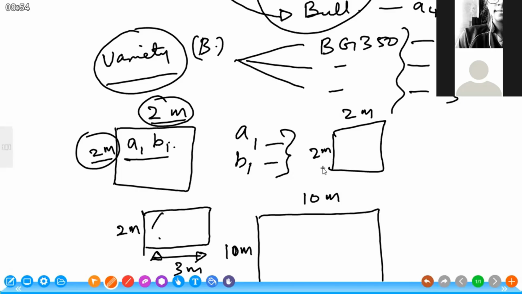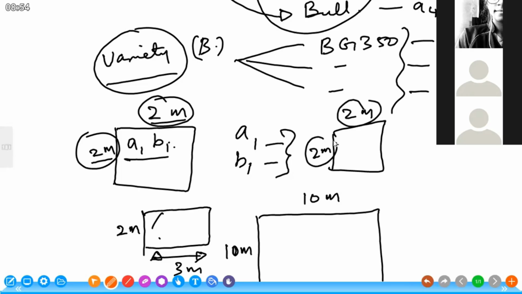So roughly, how many plants do you get in 2 into 2 meter, width and length? Let's say we divide 200 into 200 by 15 into 5 centimeter.